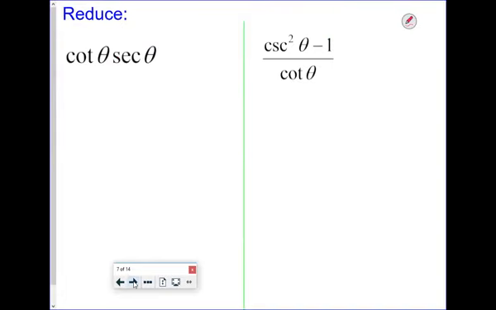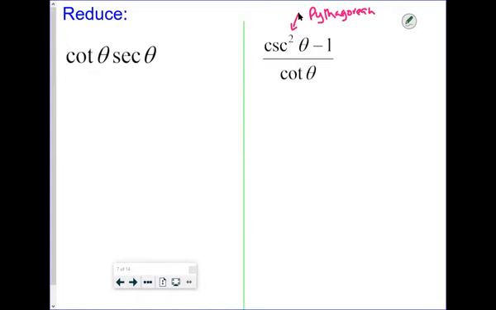Reduce. Okay, what am I seeing here? I'm not seeing anything squared, so I'm not going to use a Pythagorean identity. When I get to this one, I see that squared and I'm going to think, ooh, Pythagorean identity. On this one, nothing squared, so I'm going to just try rewriting everything. The easiest thing is to think in terms of sine and cosine.